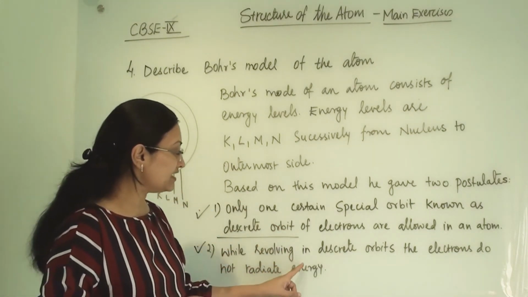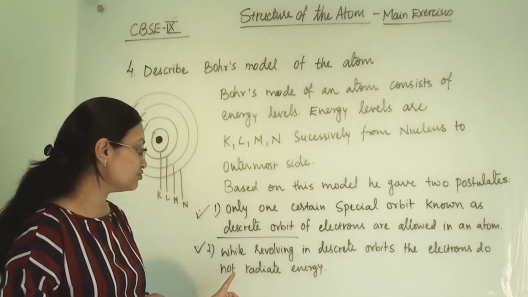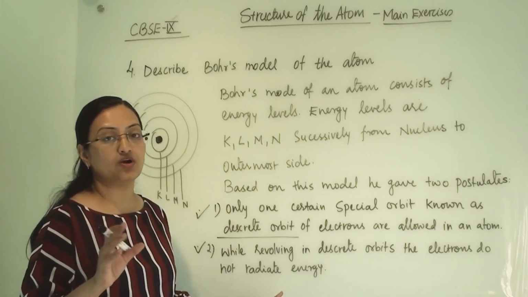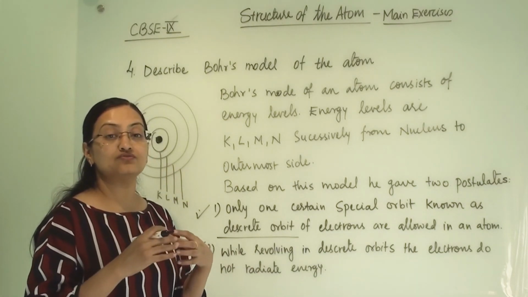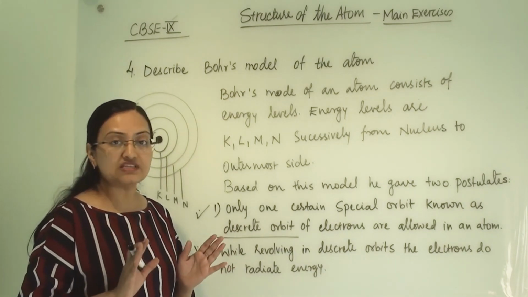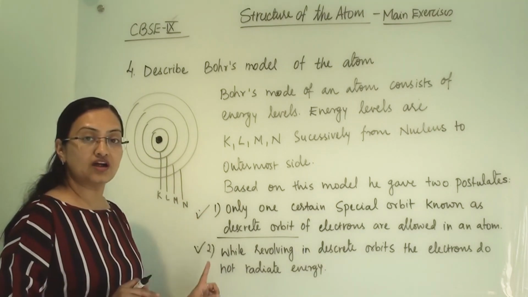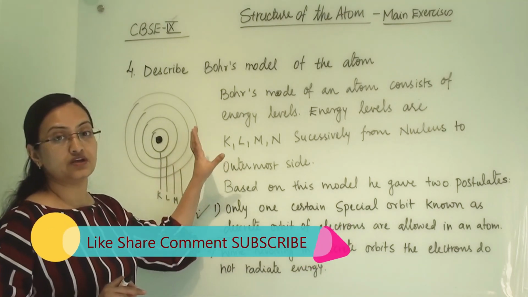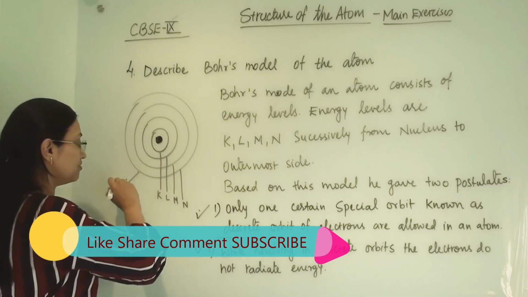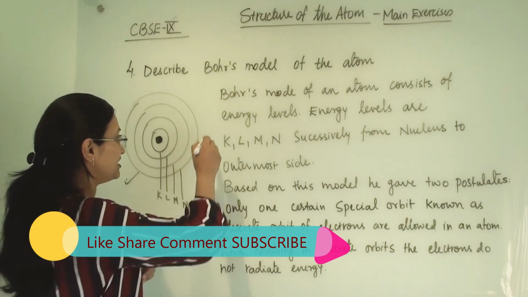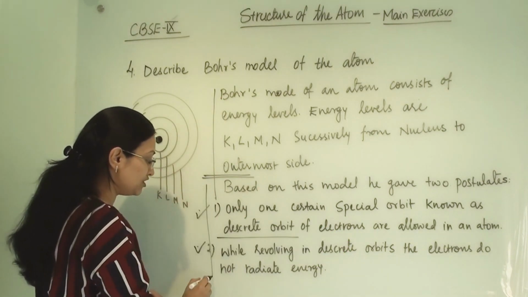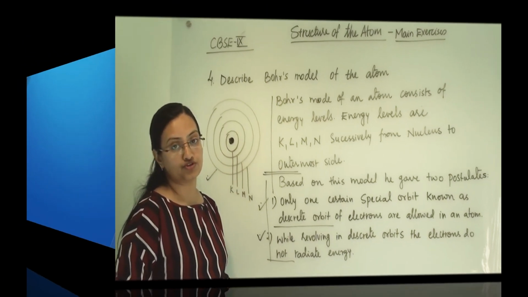While revolving in discrete orbits, the electrons do not radiate energy, and hence he said the atom is stable, because they do not lose energy. These two are the postulates from Bohr's model of an atom. So we have to draw the model, explain what he said, and then write the two important points as postulates.